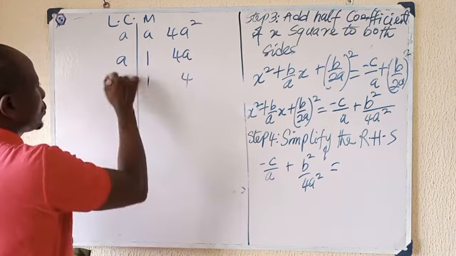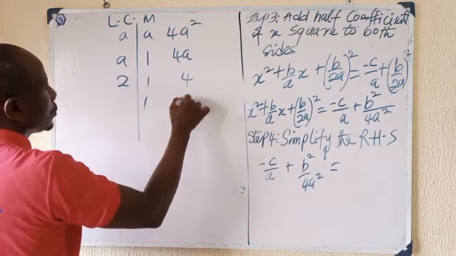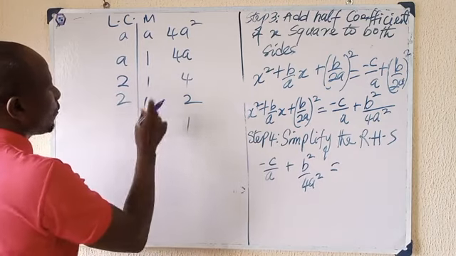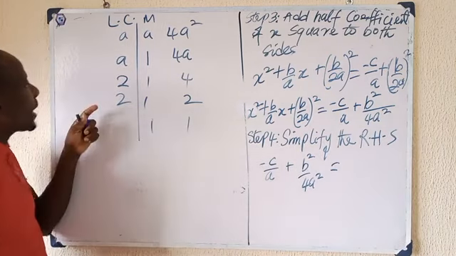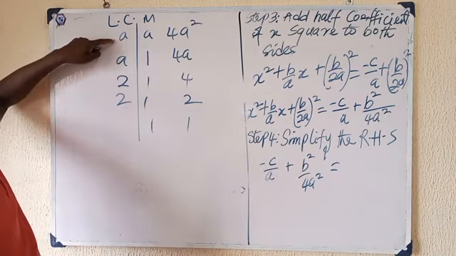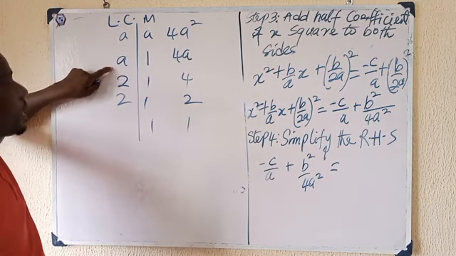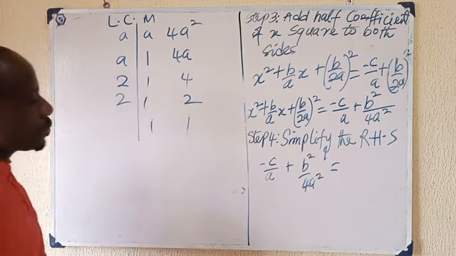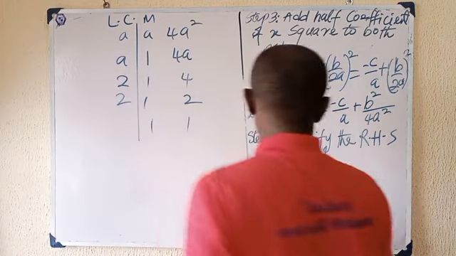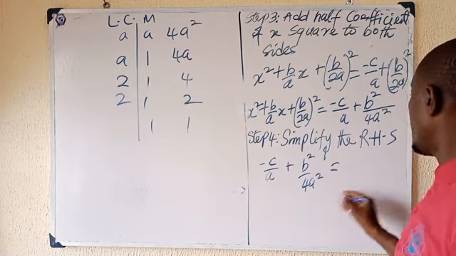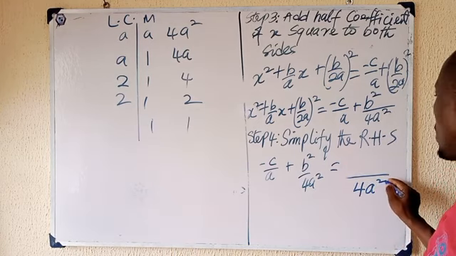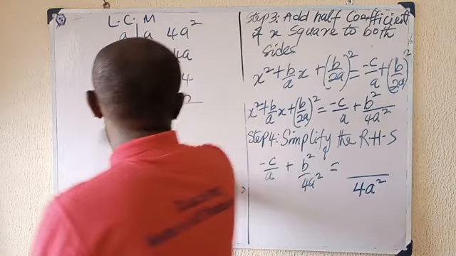So 2 into this we have 1, 2 into this we have 1. So this is what we have. So if we multiply it, it will be a times a squared times 2, 2a squared times 2, 4a squared. So therefore the LCM of a and 4a squared will give us what? 4a squared, right? Okay.